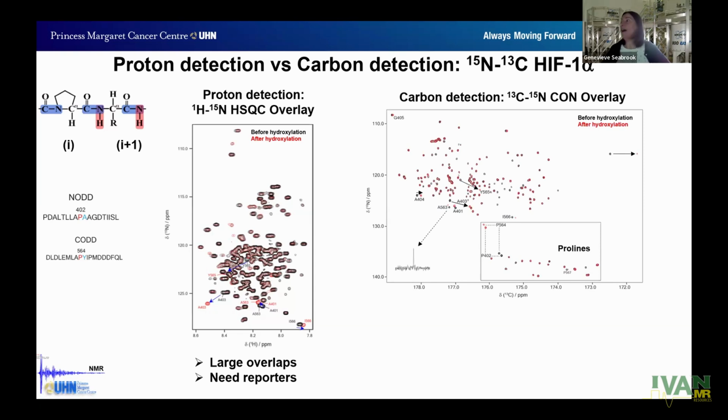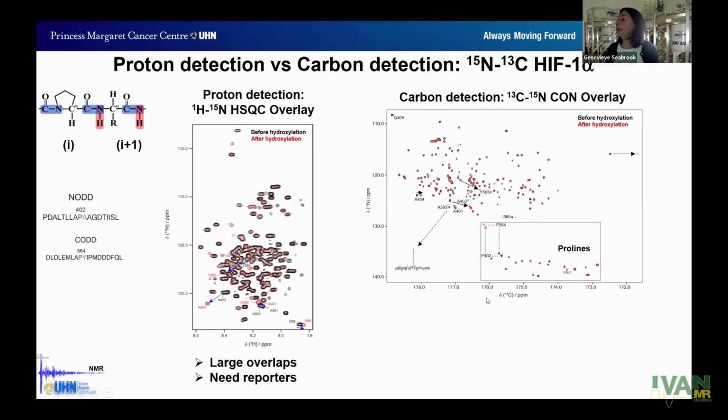Therefore, if you have an 800 megahertz, for example, you can get a beautiful dispersion of your carbons, and you can also use a carbon-direct optimized probe. Therefore, you can run the CON experiment. And here on the right is the spectrum of the CON.